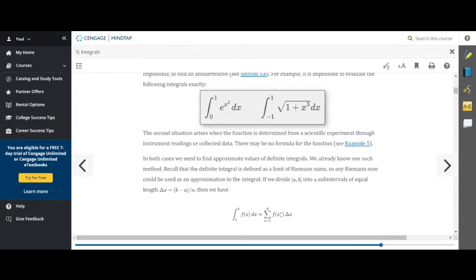You would be a very famous mathematician if you could find an antiderivative. And I actually had a student, a long time ago, who thought he could get the antiderivative of that integral from 0 to 1 of e to the x squared dx. He said, I think I can do it. And he spent like 6 hours, but he couldn't do it. So don't spend time on that, okay?